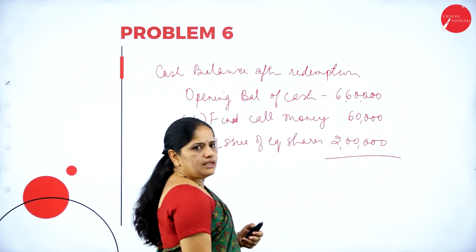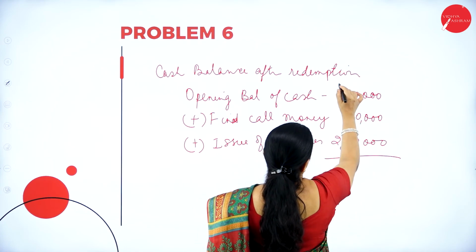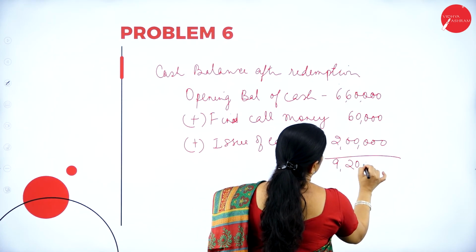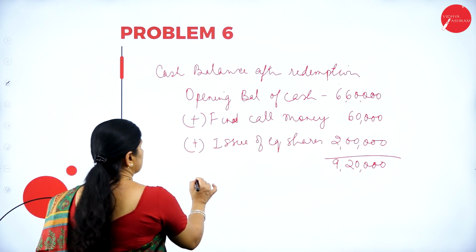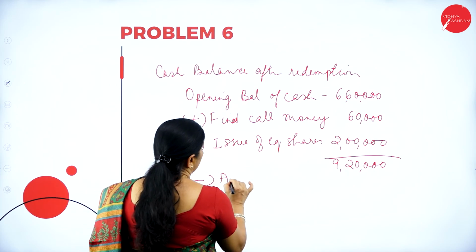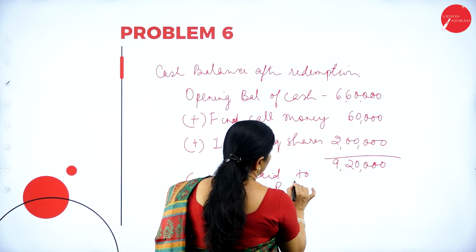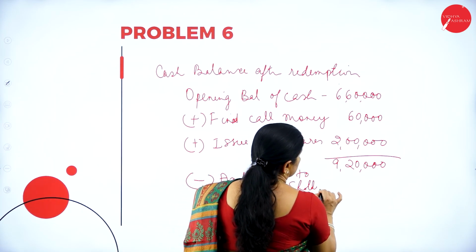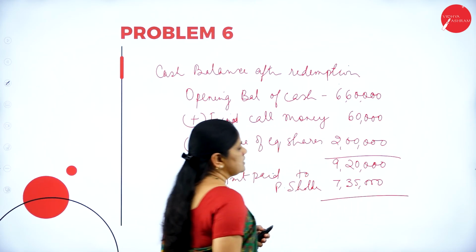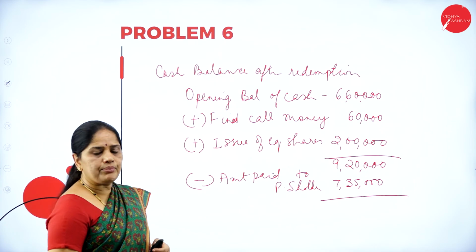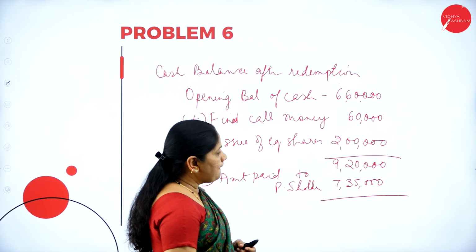So what is the total money I have here? So 6 plus 6, 12, 2 borrow 1, 8, 9,20,000 I have. So out of this 9,20,000 less amount paid to preference shareholders, 7,35,000. So 7,35,000 I have paid to the preference shareholders. So the rest of the amount will be the balance.